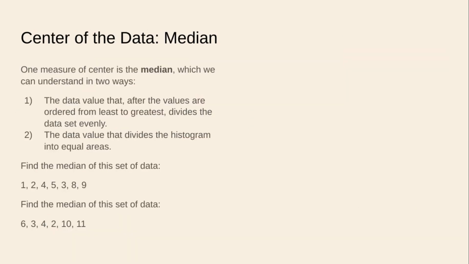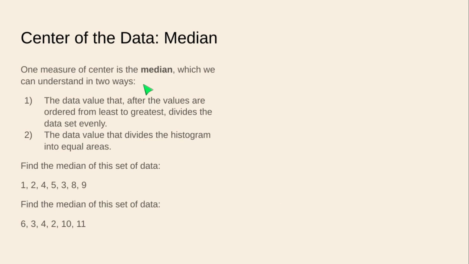Now we're going to talk about the center of the data. So we've talked about modes, we've talked about the shape of data, we've talked a little bit about some unusual features within the data, and going through, we now have to talk about the center of data, a different center than the mode. All right, so we're going to talk about the median now.